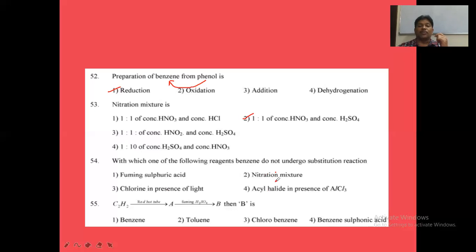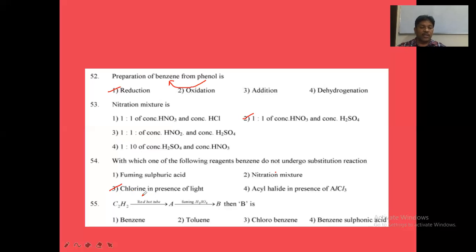So in the first, second and fourth options, the electrophile is being substituted. They asked in which case benzene does not undergo substitution. That means the answer is the third option. In the third option, the free radical of chlorine is added to benzene, so free radical addition is going on there.